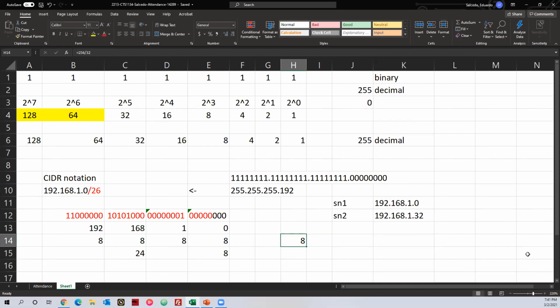Actually, it's 8. 8, 8, 8, 8, 8. You have to divide the total number of hosts or IPs that you have by the number of subnets that you have. So this would be 8.